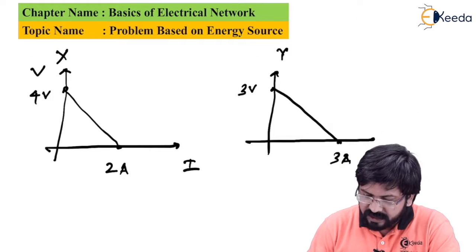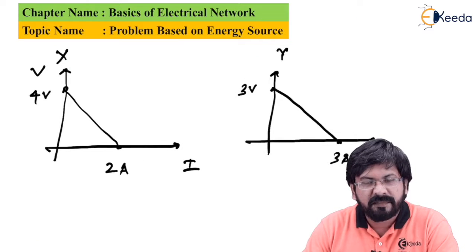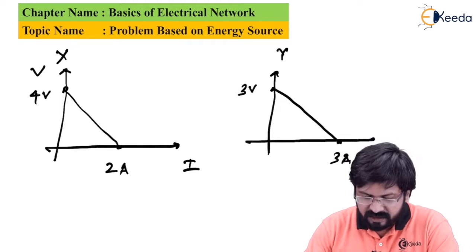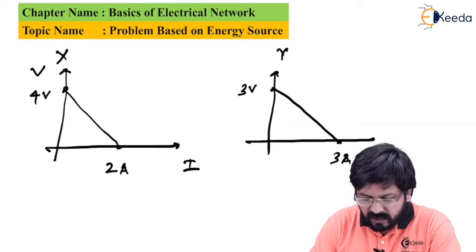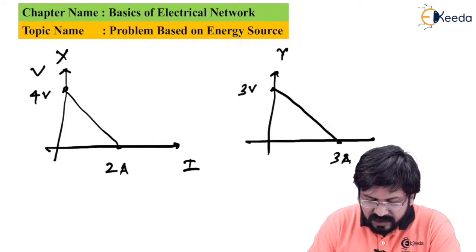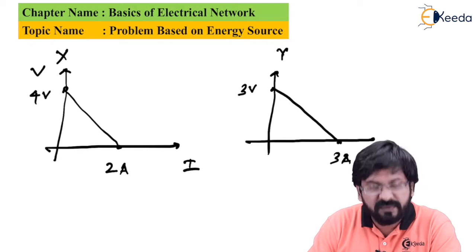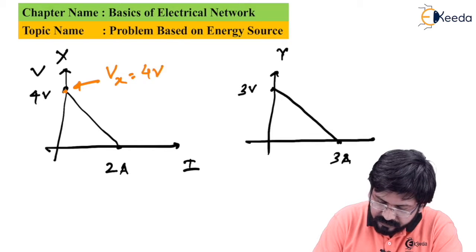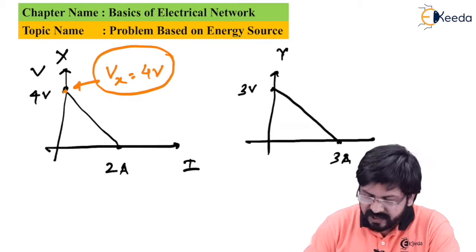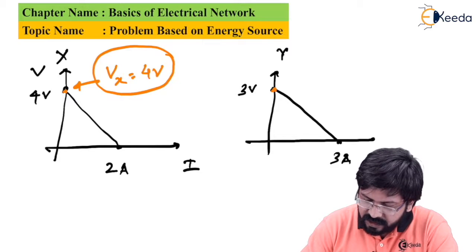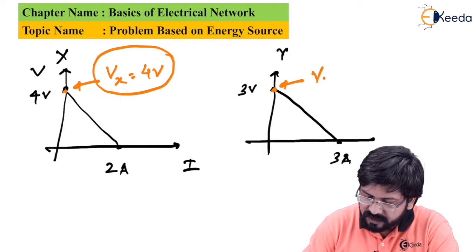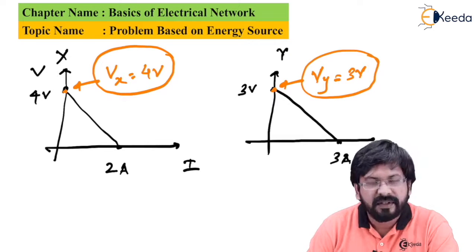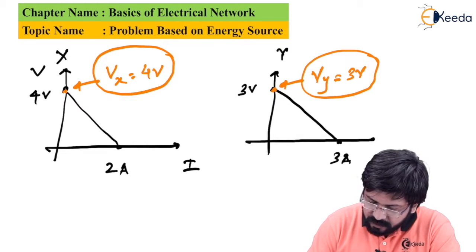Please understand, if you have seen the previous video where I considered the practical voltage source characteristic, this 4 volt is nothing but the value of Vx, whereas this is nothing but the value Vy, which is 3 volt in this case. Now try to understand my point.